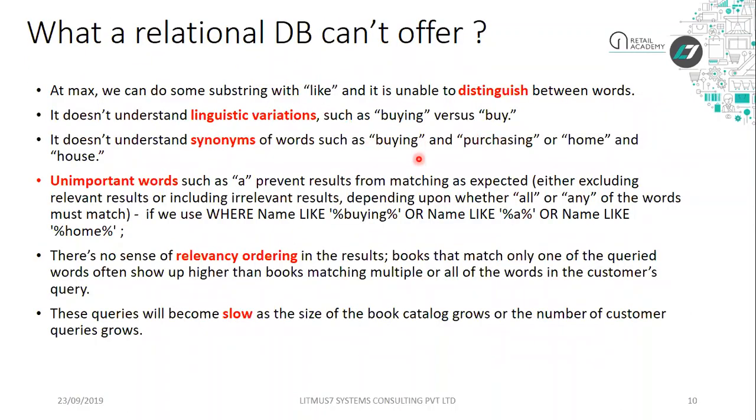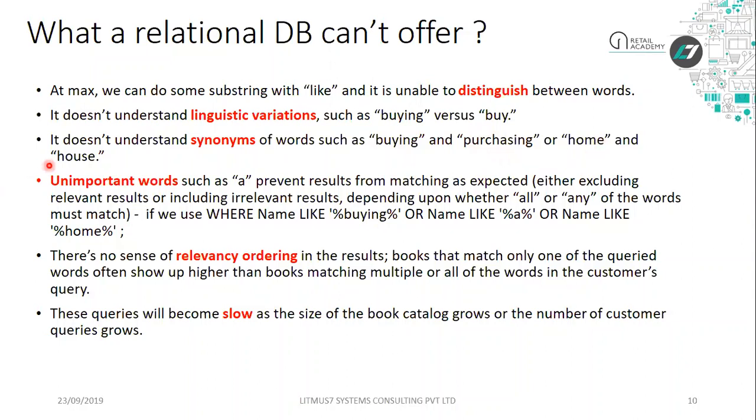We are just searching for buying, but we know buying and purchasing are two similar words, and that is a synonym for a search engine. Even if we are not specifying purchasing, the engine has the intelligence to identify purchasing as a synonym.